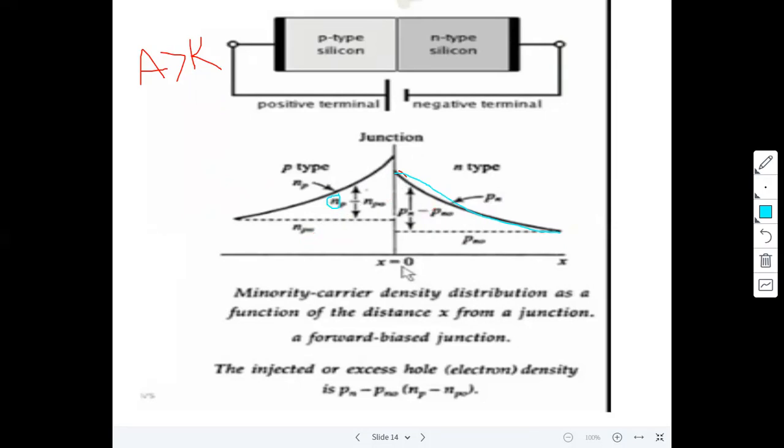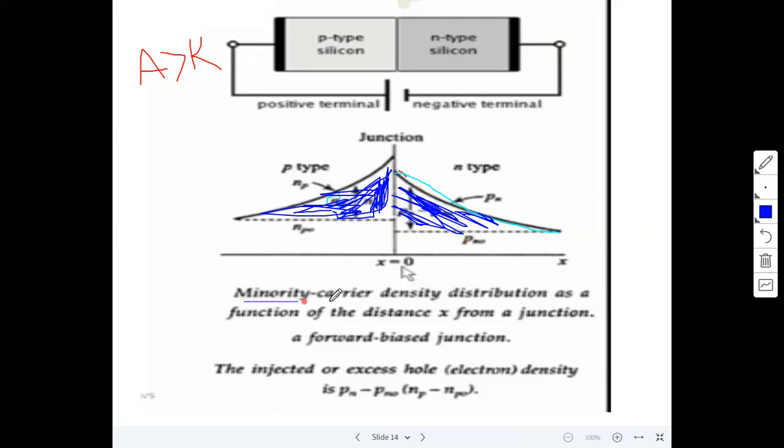Here there is a charge. This is the charge, right? Here Np minus Np naught. This is the electron charge or hole charge. Here this one is the minority carriers on the other side.